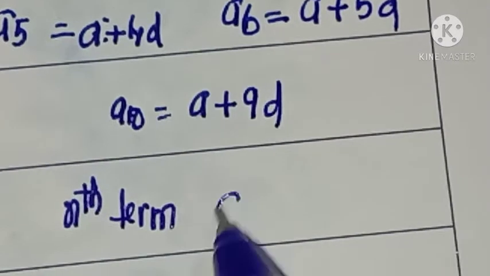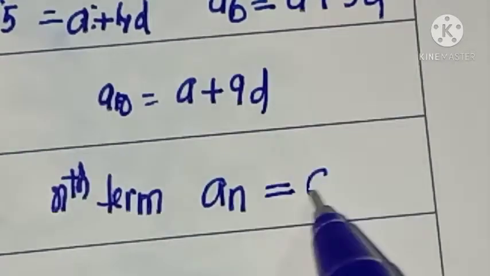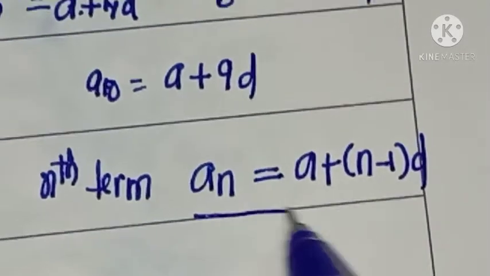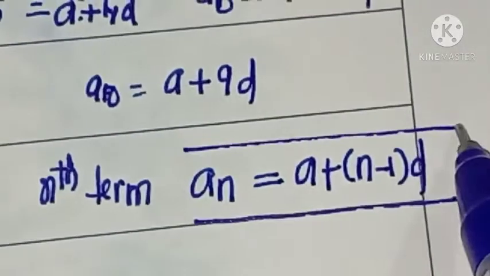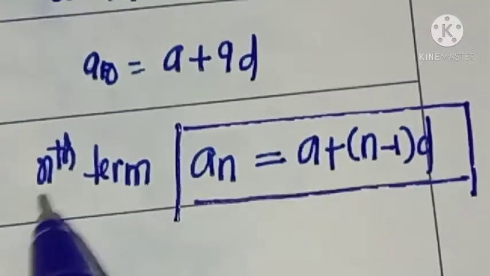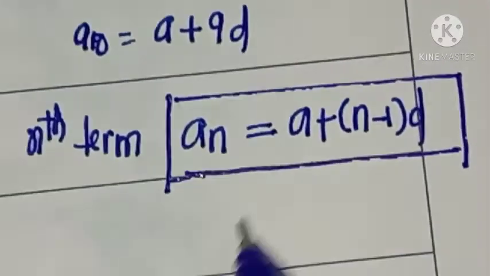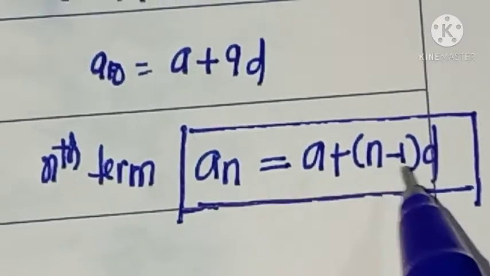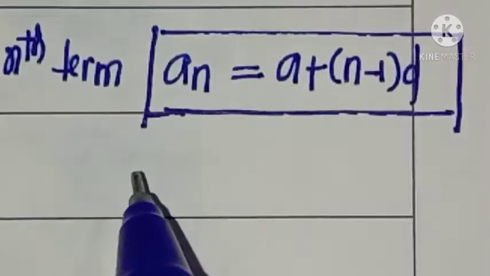Nth term means an is obtained as a plus n minus 1 into d. So this is our formula to obtain nth term or last term of an AP. Okay, an is equal to a plus n minus 1 into d.